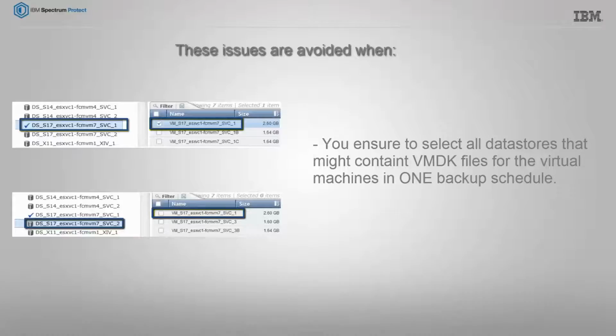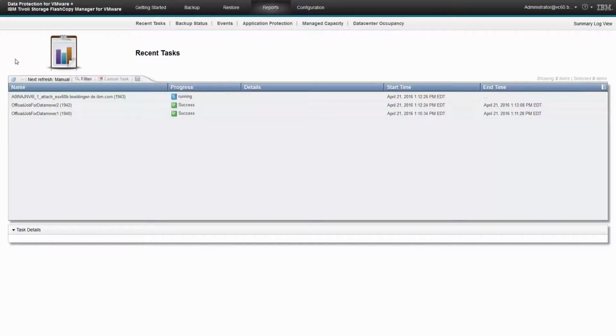Once you have set up your backup offload schedules properly, you can run them in parallel. Now let's see how that looks in the recent task view of the GUI. In this example, I've started 2 backup offload schedules, offload for data mover 1 and offload for data mover 2, in parallel.